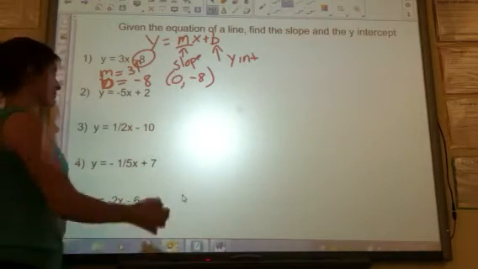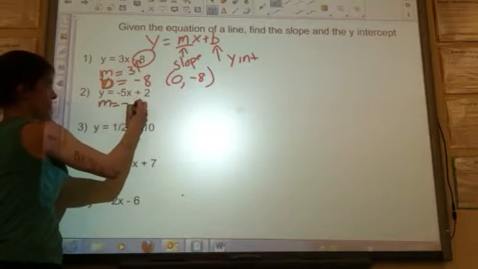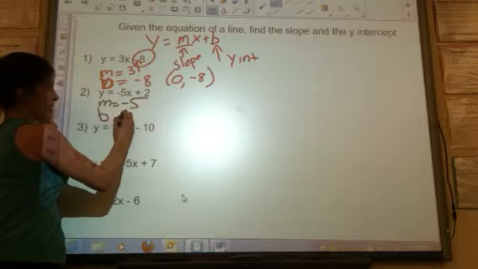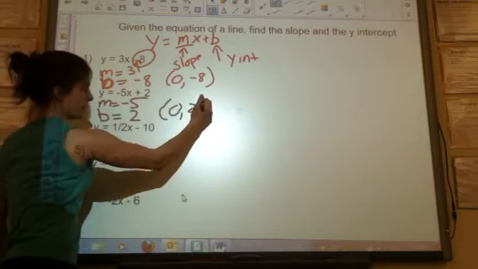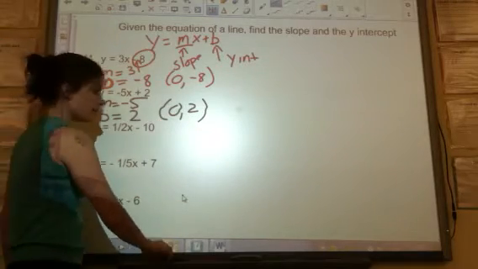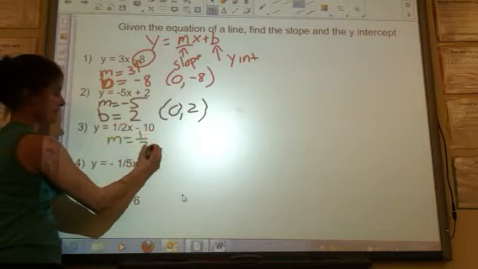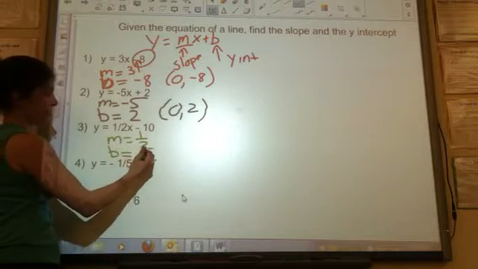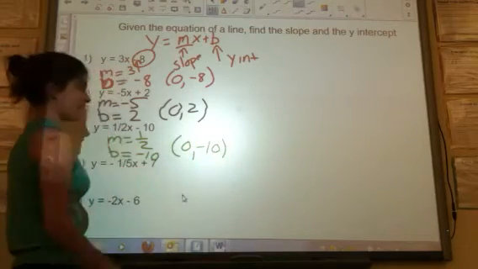If I were to look at this, my slope is negative 5. My y-intercept is 2. As a point on my graph, (0, 2) would be my y-intercept. I can keep going. My slope is 1/2. My y-intercept is negative 10. As a point on my graph, it's (0, negative 10).